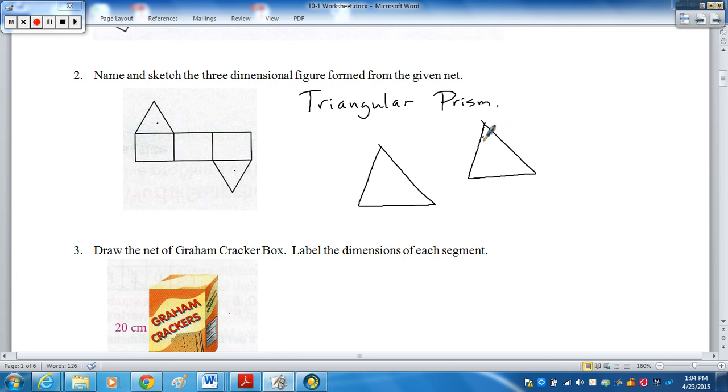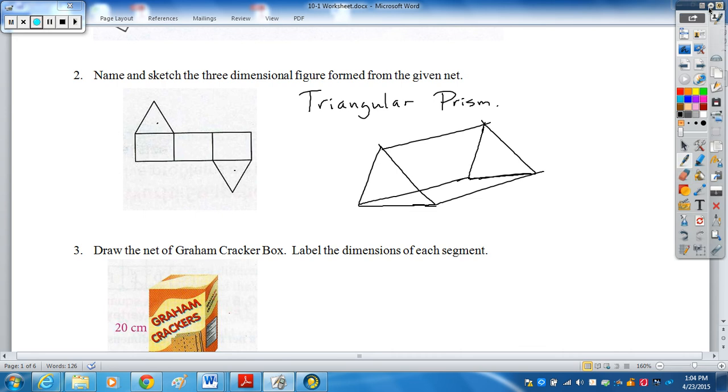Also try to make the corresponding side lengths parallel. The closer you get to parallel, the more they look alike. From there, you just connect the vertices, and there you go. You have the actual figure drawn back together.